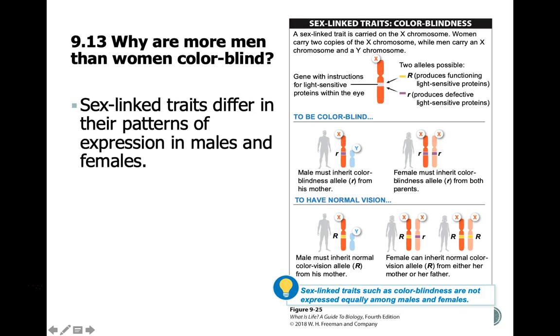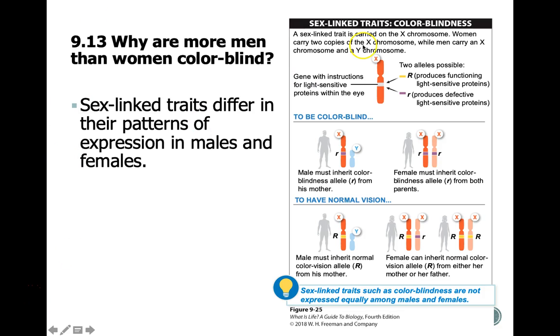This leads to a really interesting pattern of inheritance called a sex-linked pattern of inheritance, and it's why we see some disorders more frequently in males than in females. Color blindness occurs on the X chromosome. If you've ever met anybody who is colorblind, you probably have met a male. It's very rare for a female to be colorblind, although she can be.